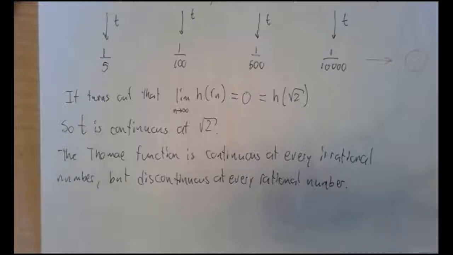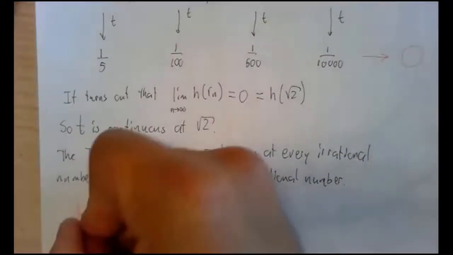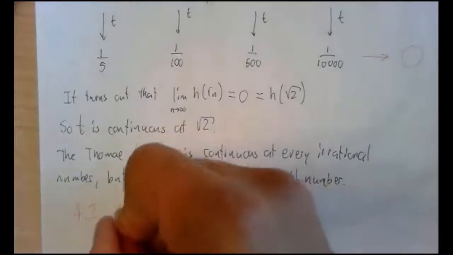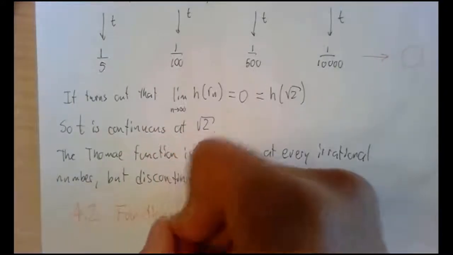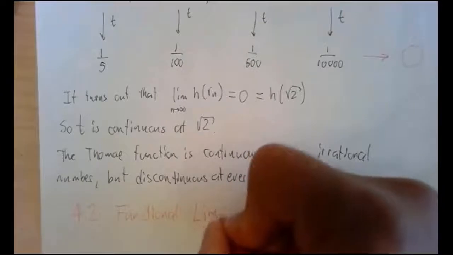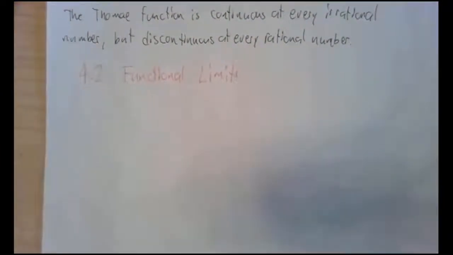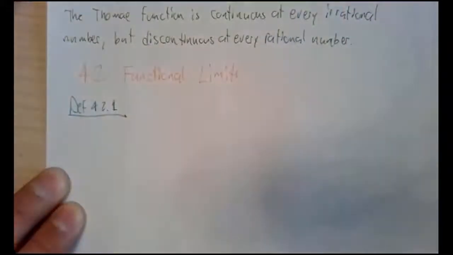All right, so let's move along to the next section. So now we'll start 4.2, and these are functional limits. All right, and we'll start with the definition. So definition 4.2.1, and here it is.